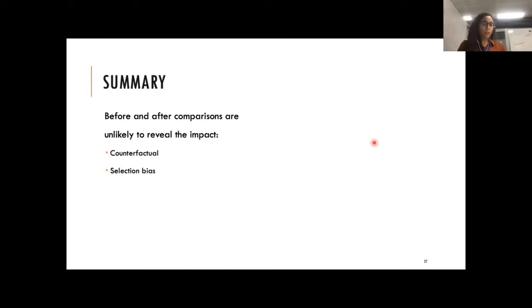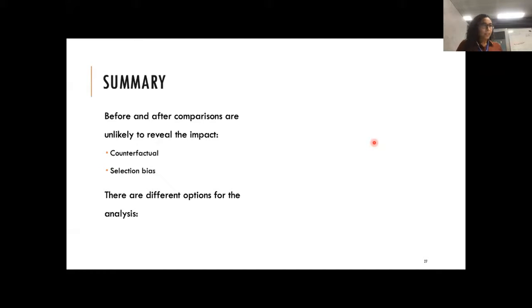What we want to see is the counterfactual, which is what would have happened to our participants had they not been in the treatment group. And the second problem is selection bias. That is, the people who get into the treatment group are different to those who get into the control group for some reason that I may or may not know, and that reason affects the outcome I want to measure.